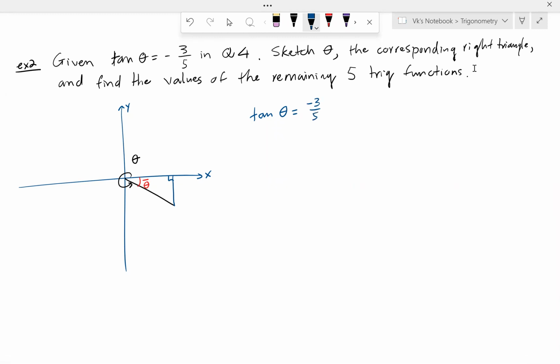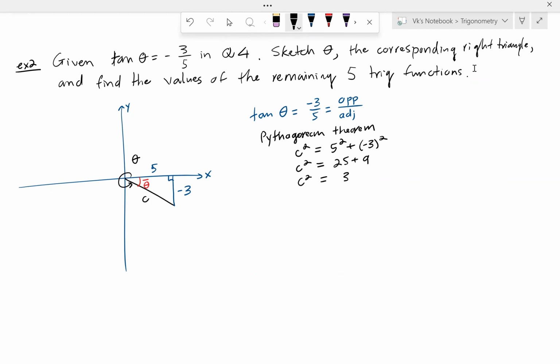What this tells us is, well, negative 3 is opposite, 5 is adjacent. C squared is 5 squared plus negative 3 squared. C squared is 25 plus 9.